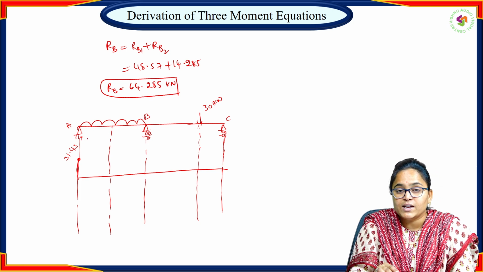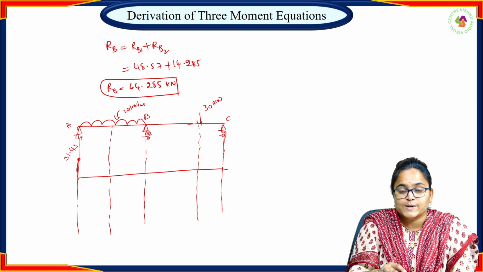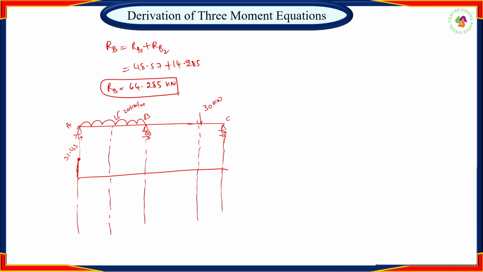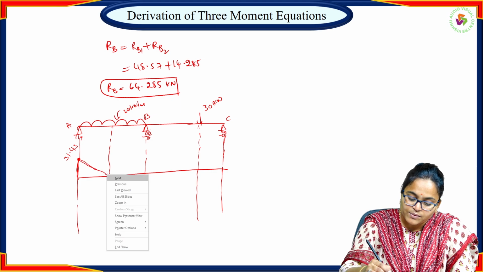Now in between A and B we have a UDL, so convert this UDL into a point load. The UDL intensity is 20 kilonewton per meter and the AB span is 6 meters. So 20 into 6 gives 120. So 31.43 minus 120, we'll get minus 119 point some value here.